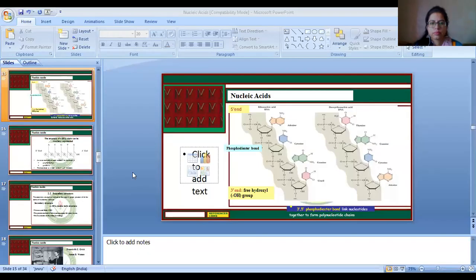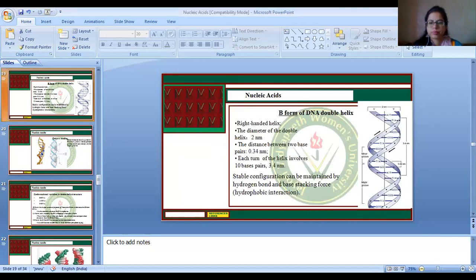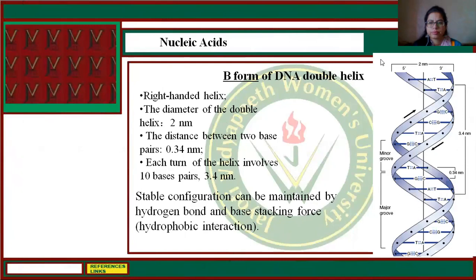Here again I am sharing the screen to help you understand. Here you can see the basic diameter of the helix is 2 nanometers.